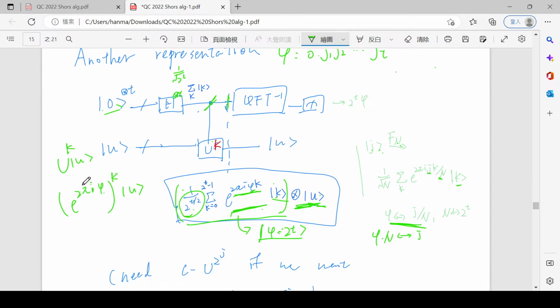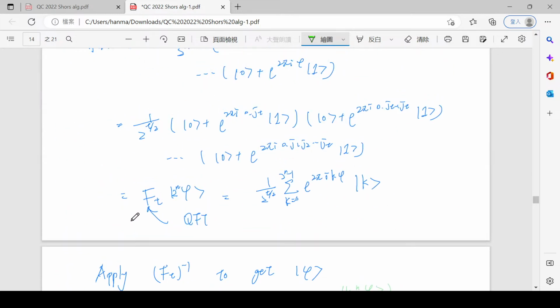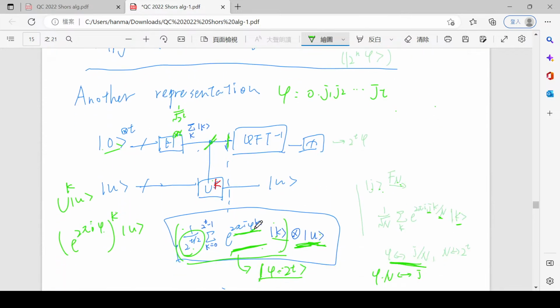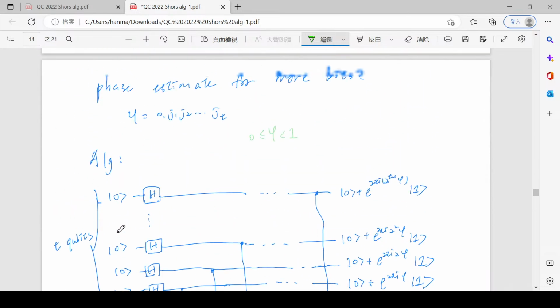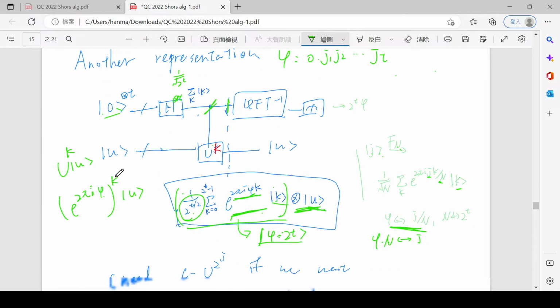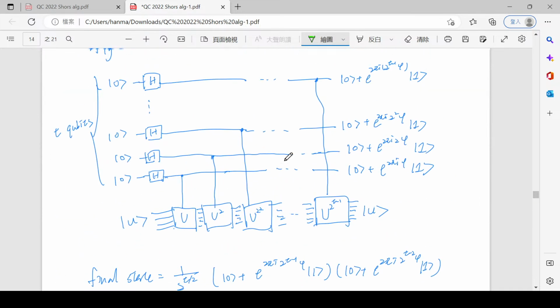Otherwise, we'll say this in a bit more detail. Okay, and so this is an easier representation of the phase estimation. But if you want to spell out these t qubits, then you will look at this.